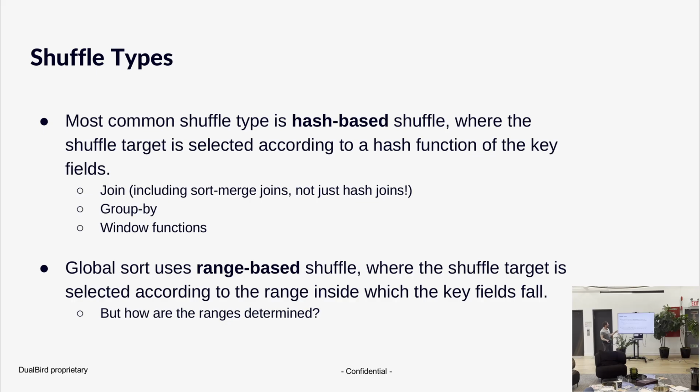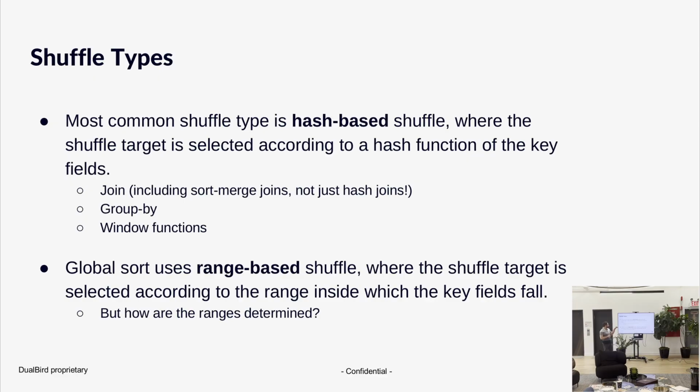Let's talk about shuffle for a second. Those of you who are familiar with how Spark operates would probably think of hash shuffle. When you do joins, group bys, or window functions, Spark uses a hash-based shuffle, which means you take a hash function and use it on the shuffle keys of each row to calculate where that row should end up after the shuffle.